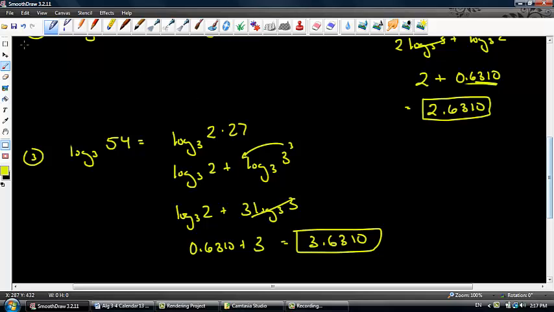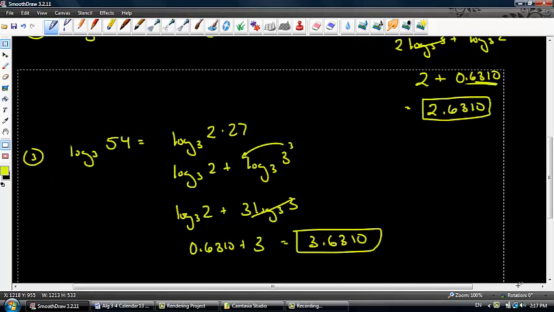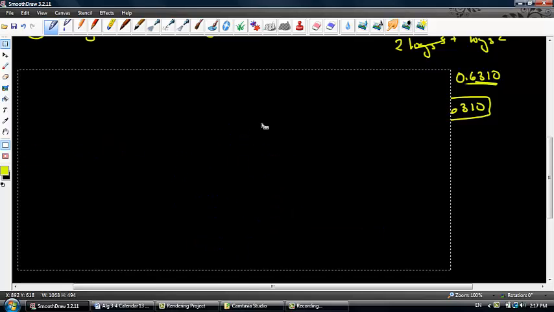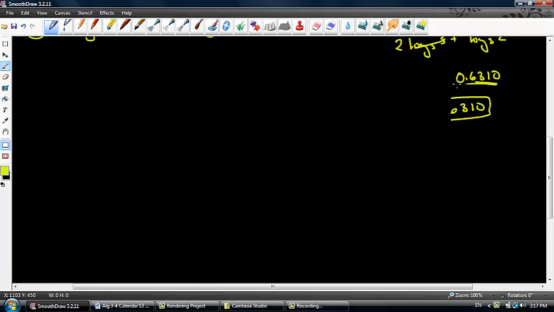Okay, let's do one more that's a little bit trickier. I want to keep this 0.6310 because I don't want to keep scrolling. Number 4 here, if I say log base 3 of 18 over 49. Let's go ahead and separate this out.